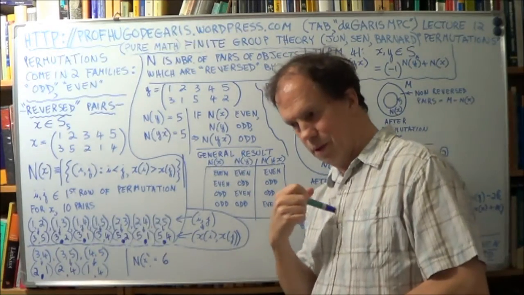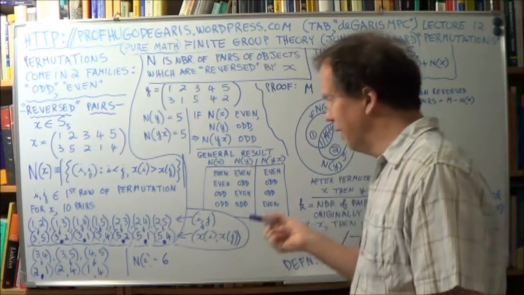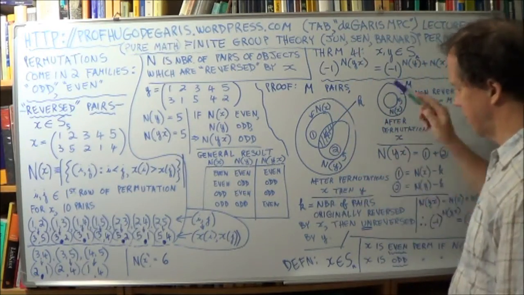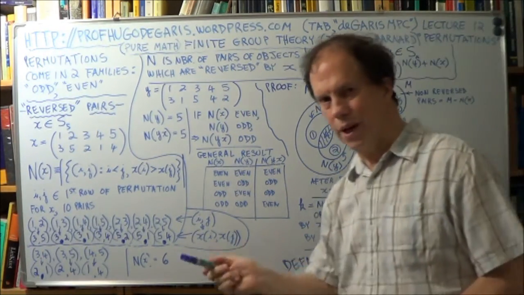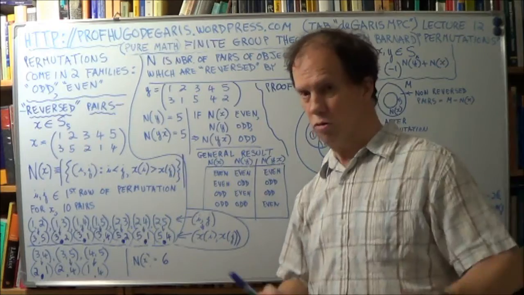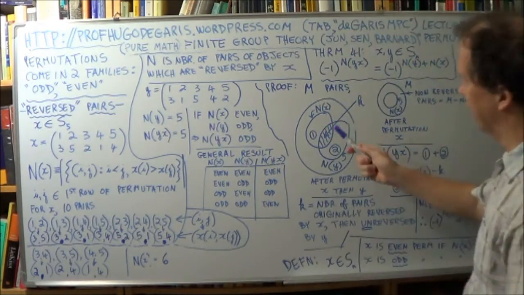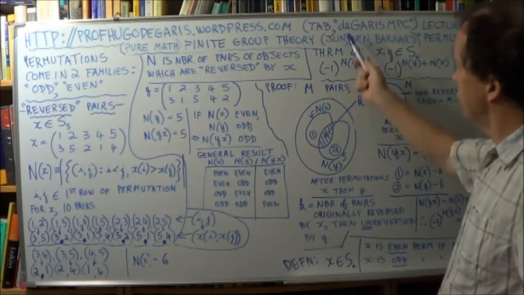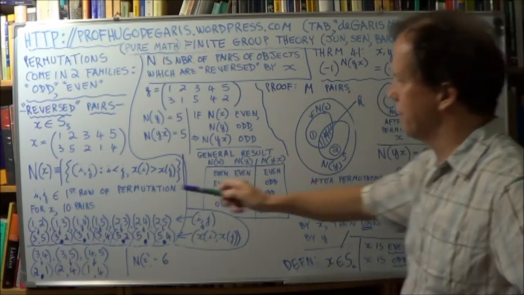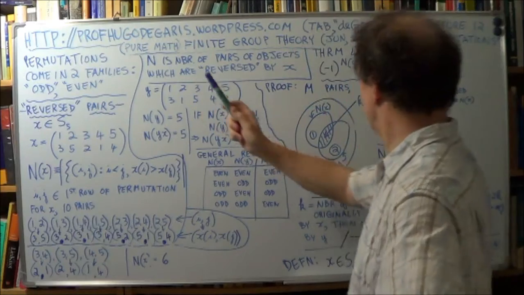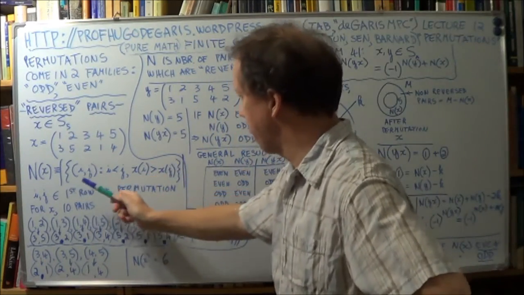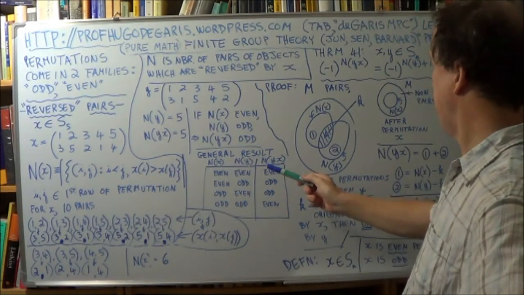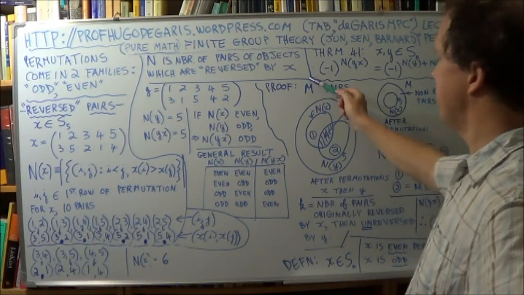I feel this mixed approach, his and mine, is a lot clearer, right? So in general, we have M of these pairs, M pairs in general.